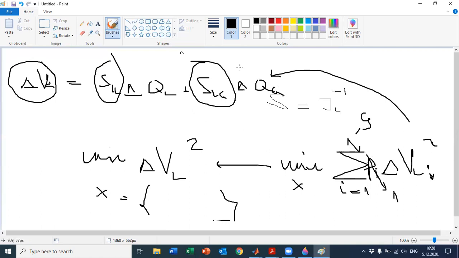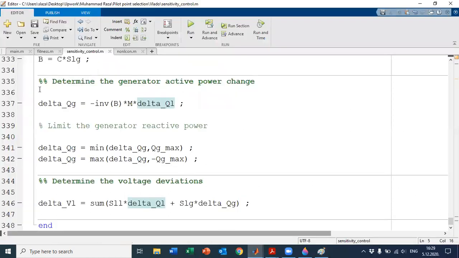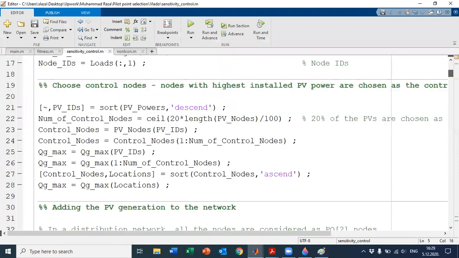There are some sunny days where the solar generation happens, and there are some cloudy days when there is no solar generation. So each of these scenarios is probable. We want our system to behave well in all of these scenarios, and we shouldn't emphasize a single scenario over another. That's the idea of the control technique, and this control technique was implemented in the sensitivity control function.